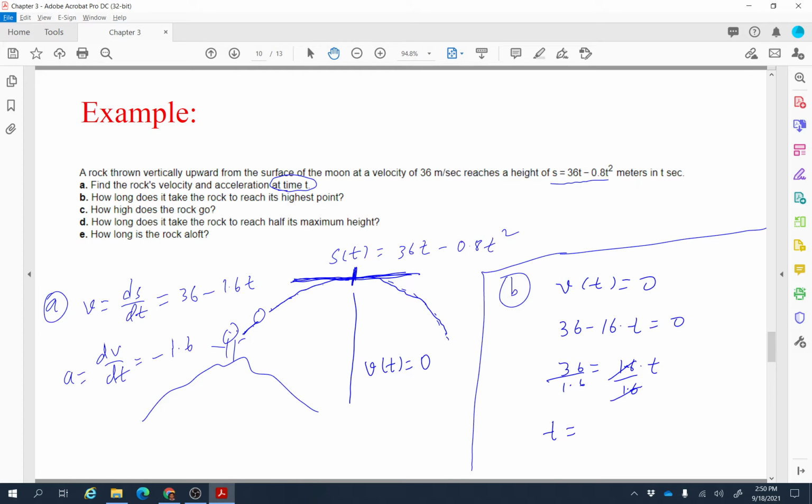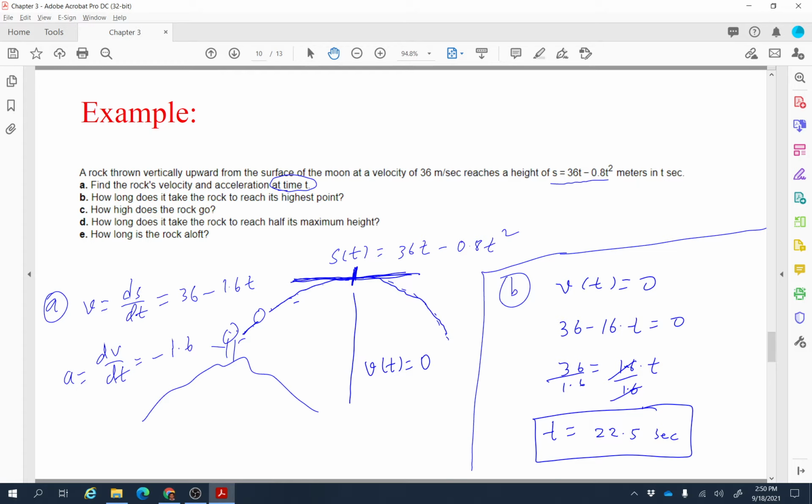So when time is 22.5 seconds, the velocity of this particular function becomes 0, and that is when the rock would be at the maximum height. Okay, so that's part B.